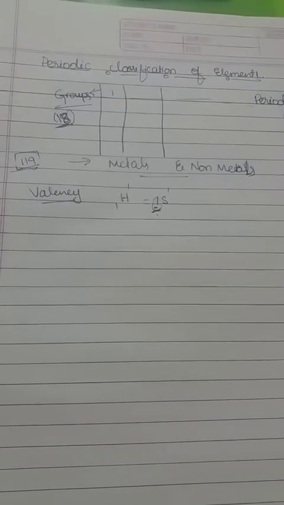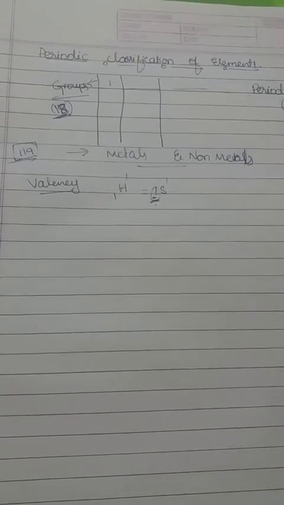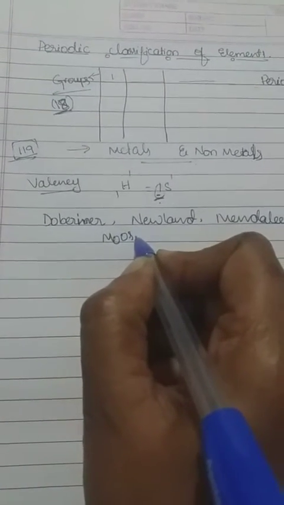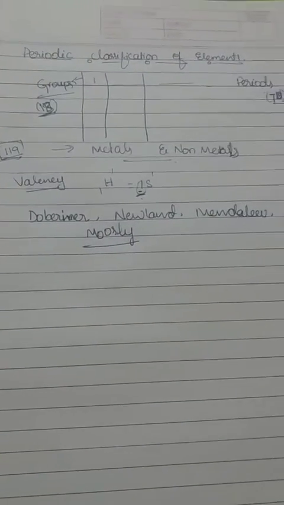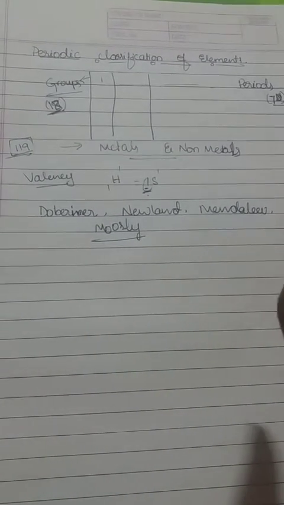To classify the elements in definite periods and groups, many chemists put in effort. The very important ones in your book are Dobereiner, then Newlands, then Mendeleev, and Moseley. They put a lot of effort into constructing the periodic table.